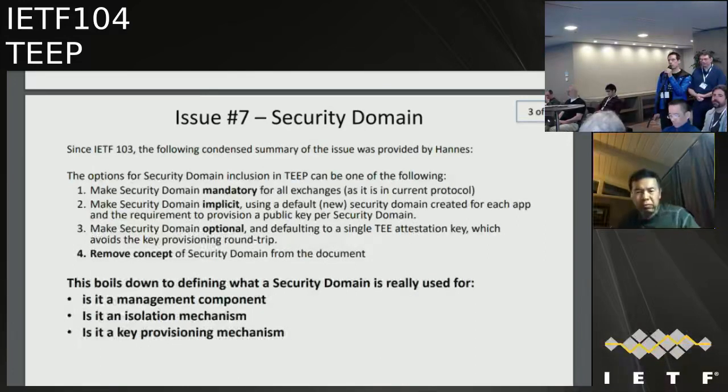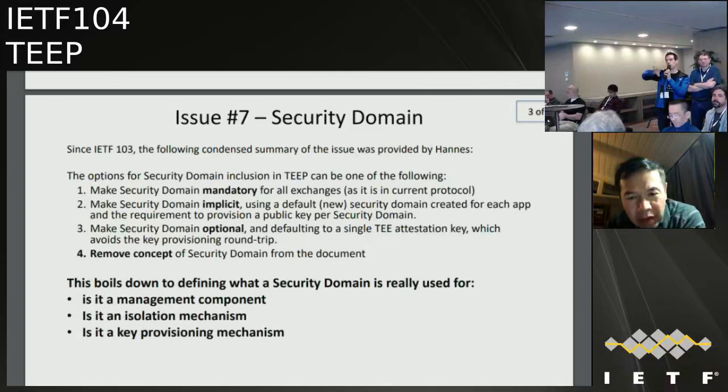And Hannes is saying, well, Dave made a new proposal which is not captured in 2. So for me, it would be implicit, and then an extension could make this optimization happen. By additionally creating this security domain, but here it also says using the default, provisioning a public key.